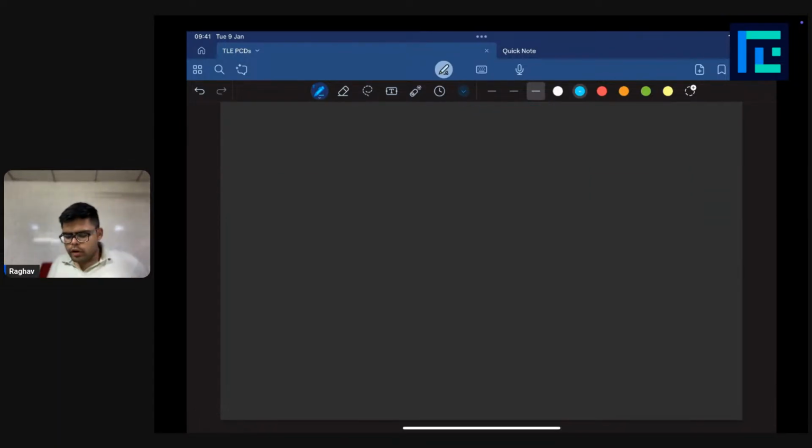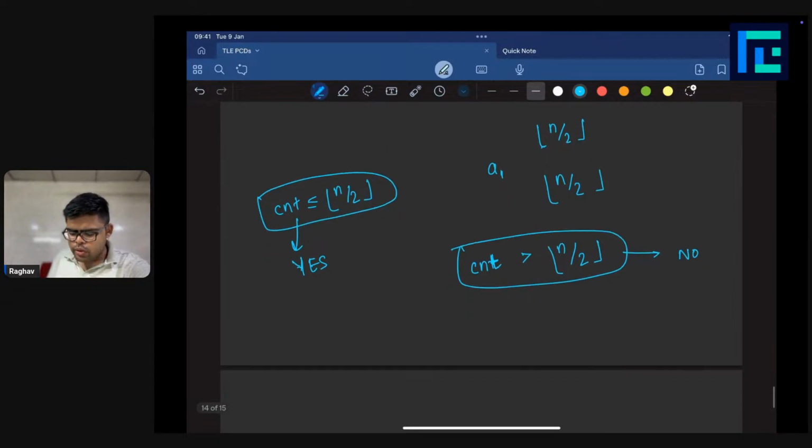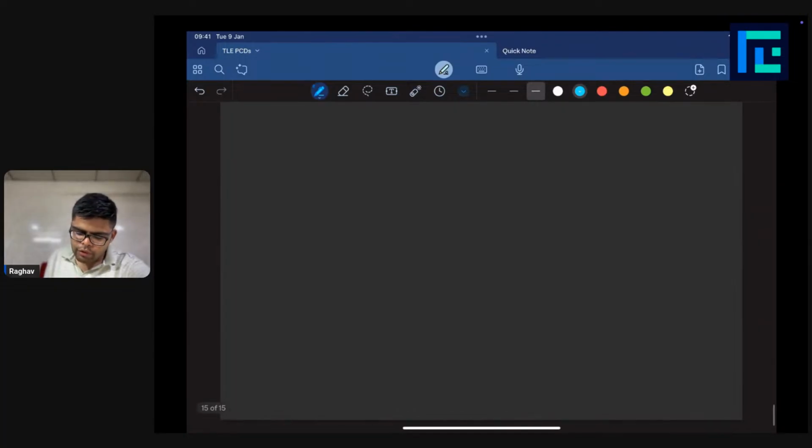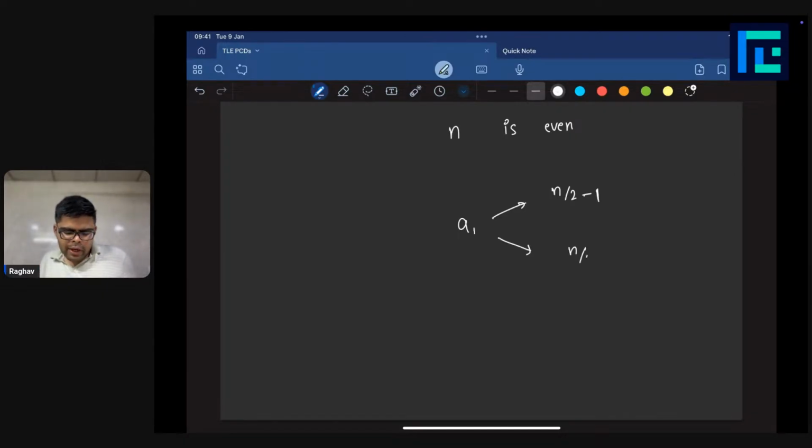Okay, so for now, we have understood how our solution will look like, and we can just code it up. Oh, no, no. There is one more case that we have to discuss. That is, what if n is even? In case n is even, then you would want to have n by 2 minus 1 number of people smaller than a1, and n by 2 people greater than a1, right?